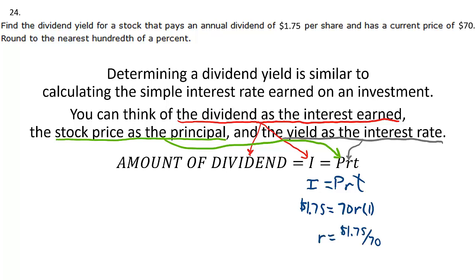If you solve that equation by dividing both sides by 70, you'll find out that the interest rate is 0.025, written as a percent is 2.5%. It's said to round it to the nearest hundredth of a percent, but 2.5 comes out even, so you could write it as 2.50%, but since it comes out even, that last zero is not necessary, but you could put it there.